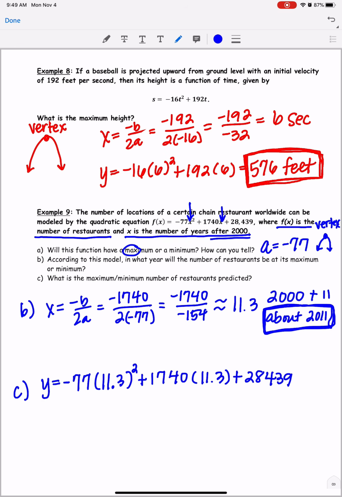This is again calculator work. When you put this in your calculator, it's going to give you a decimal again. And because we're talking about restaurants, we need to round to the nearest whole number. So that's going to end up being about 38,269 restaurants.